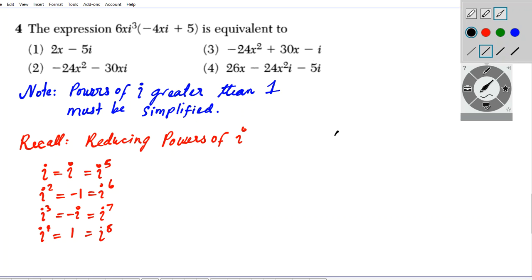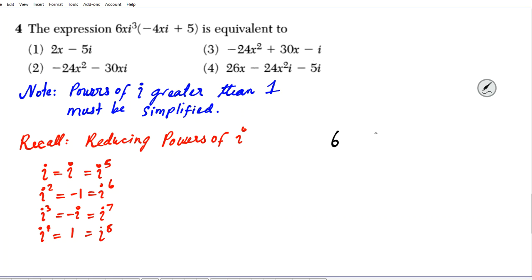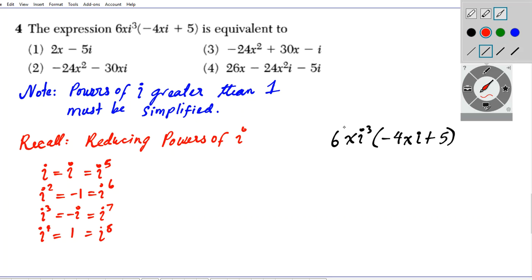Now we have 6xi to the third times negative 4xi plus 5. We have a parenthesis here which indicates that we have to do what? We have to distribute this term on the outside to both terms on the inside. Okay?